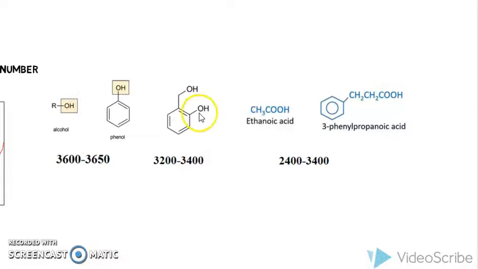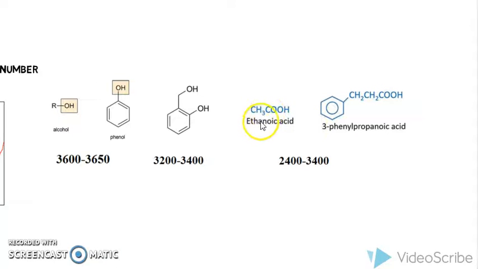The range for the hydrogen bonded OH group comes between 3200 to 3400.